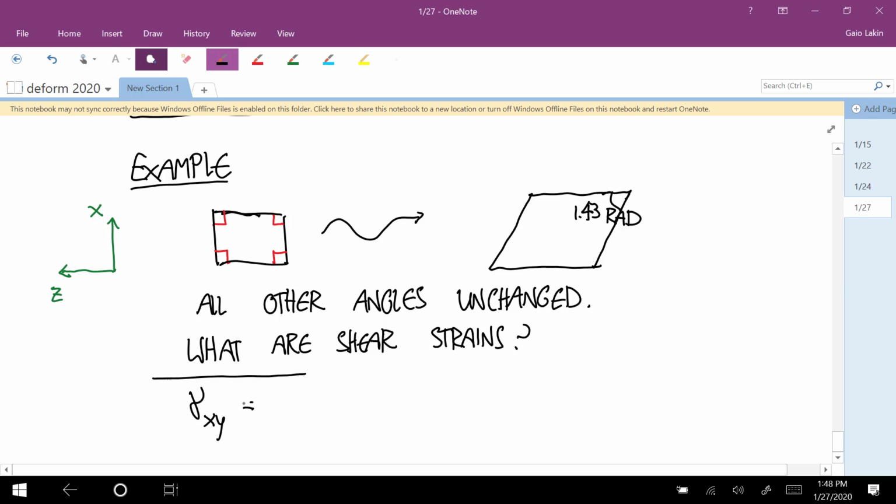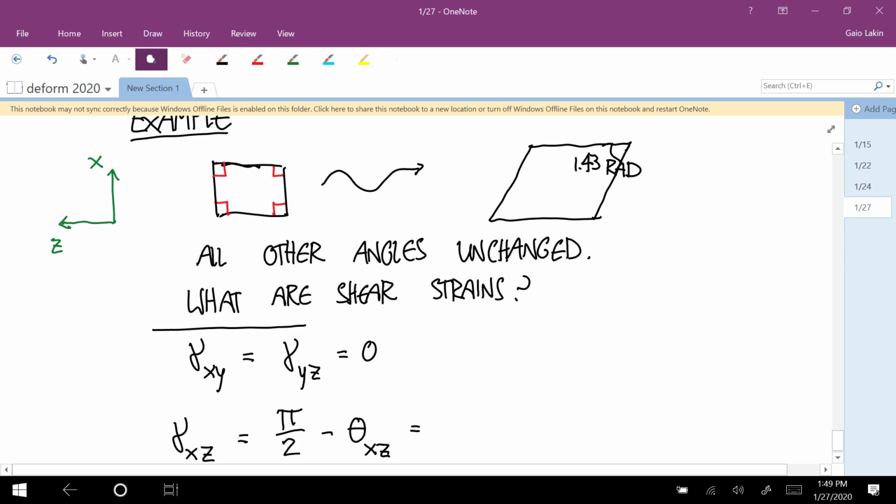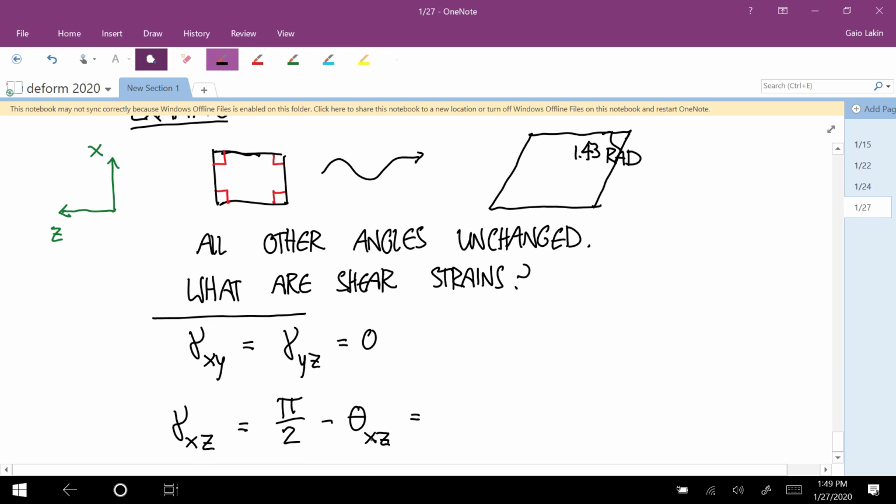Gamma xy is equal to gamma yz, and those are 0. Gamma xz is equal to pi over 2 minus the angle between the positive x and positive z face. And what's the angle between the positive x and positive z face? Well, notice that these angles are supplementary. Remember that from the SATs or whatever? This and this have to add up to pi.